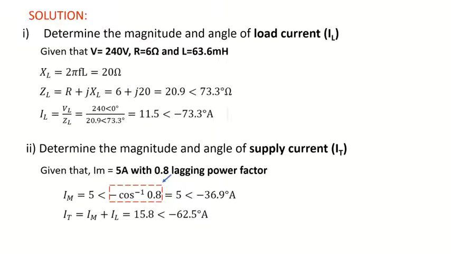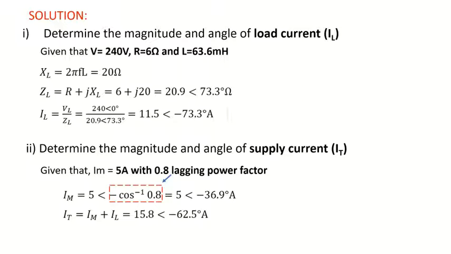Your IL, because they are in parallel, the V for your coil load is the same as the V source. So V load equals V source, 240 with 0 degree, divided by your ZL, 20.9 with 73.3 degree.